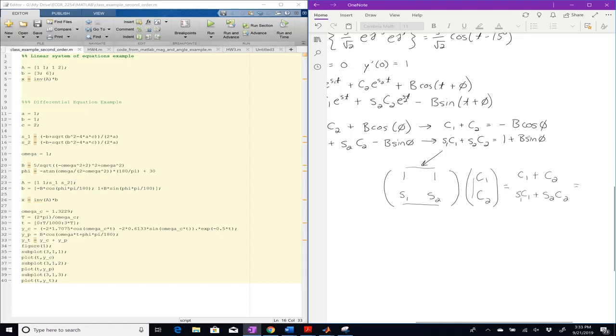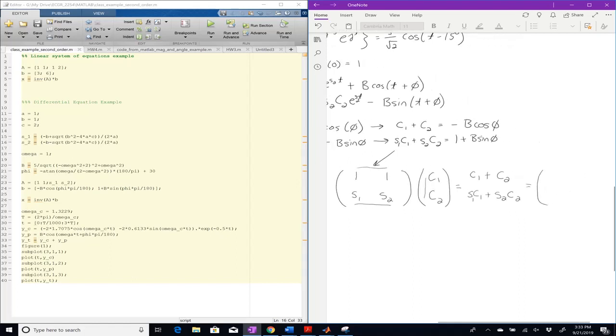That has to be equal to the things I have here: minus b cosine phi and 1 plus b sine phi.